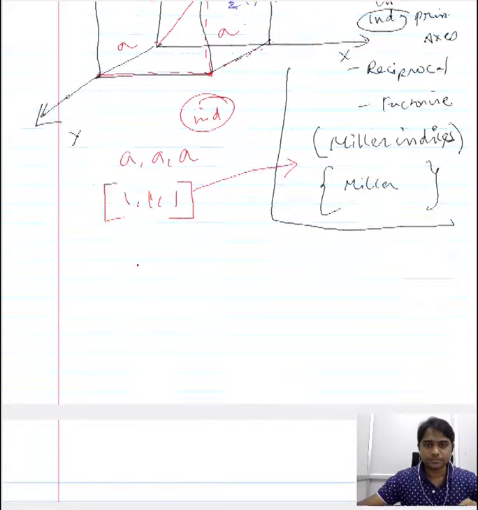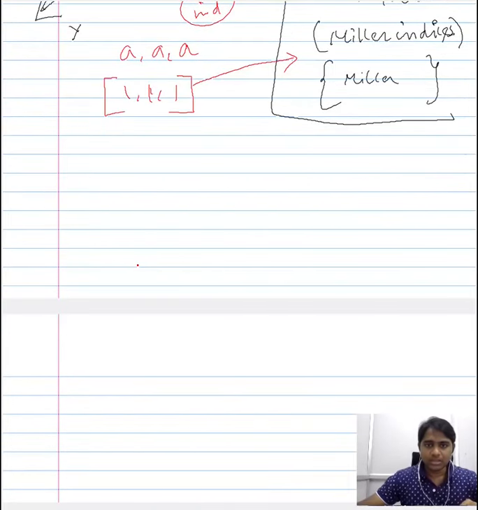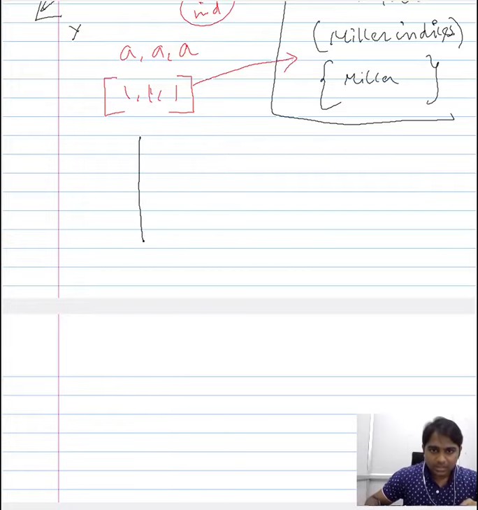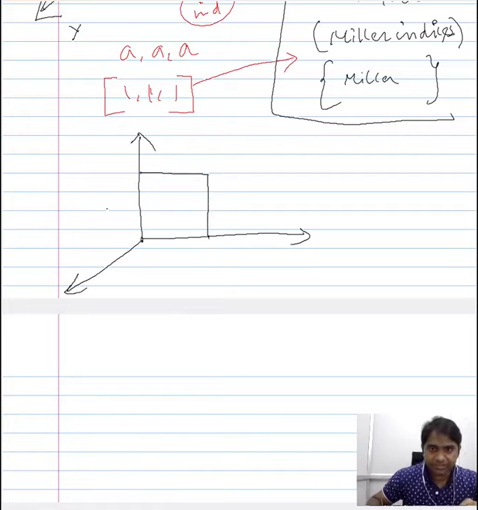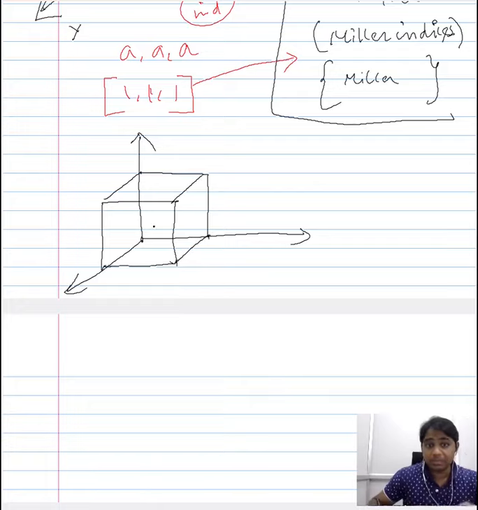Now let us consider another direction to enhance our understanding. Let us consider the unit cell we considered in the previous section, a cubic one with equal unit cell dimensions and angles of 90 degrees.